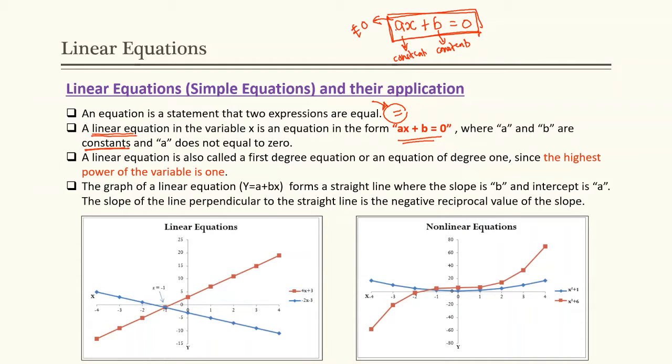Zero times any variable will form 0 again. Then that will not form a linear equation. So a linear equation, we should be able to rearrange in the format ax + b = 0, where the values of a and b are constants.